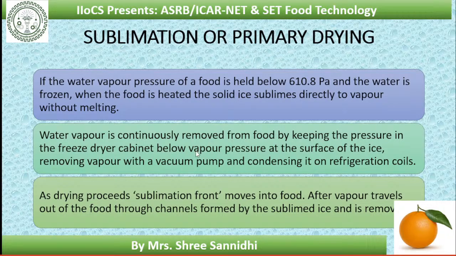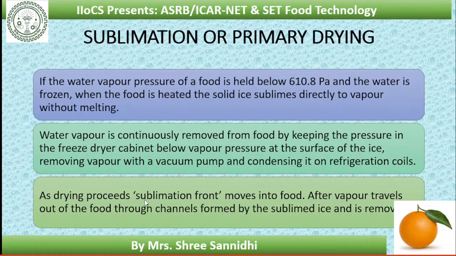So we are keeping the pressure below the vapor pressure of water. Okay, so the temperature for boiling of water is reduced now. So in this level, the vapor is sublimated and collected by the vacuum pump, and then it is condensed on refrigeration coils.